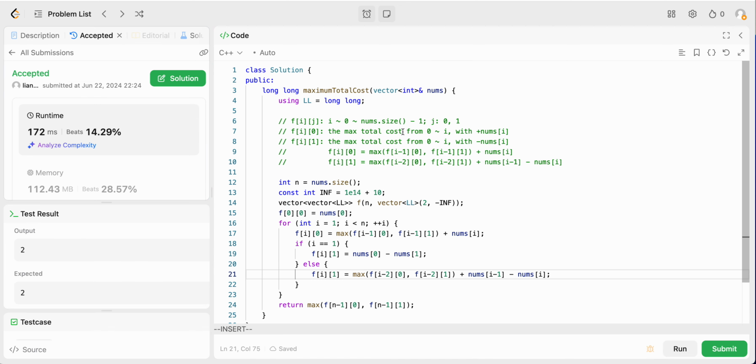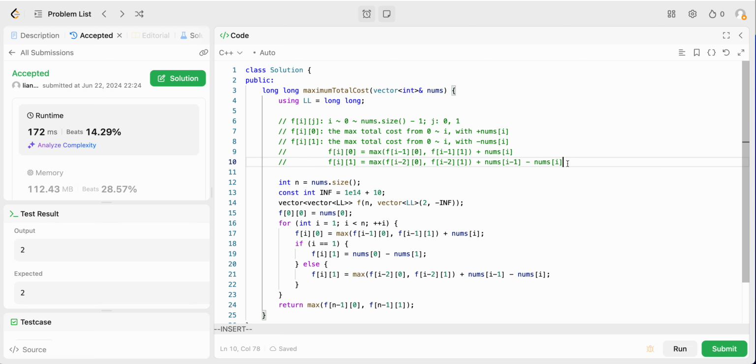Yeah, it passed. So the key idea here is we need to find this f[i][j] state. For i from 0 to nums size minus 1, f[i][0] is the max total cost when we reach index i with position i having a plus sign, and f[i][1] is the maximum total cost when we reach position i with the number at position i having a minus sign.